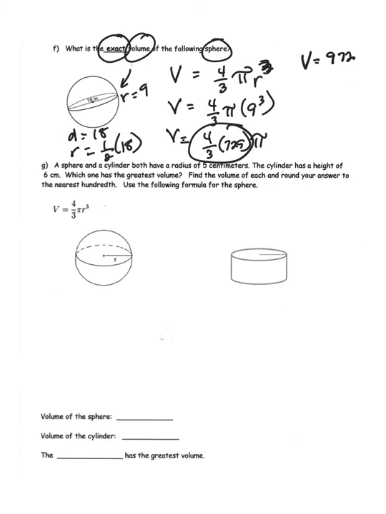When I multiply these two together, 972 pi. And because we're asked for the exact answer, we get to stop. This is the exact answer because pi is the exact way to say this. And so we want to acknowledge that this is inches to the third power. That would be the answer.